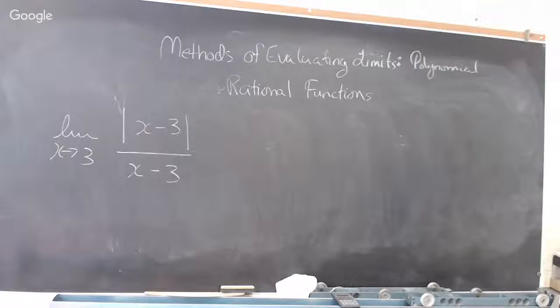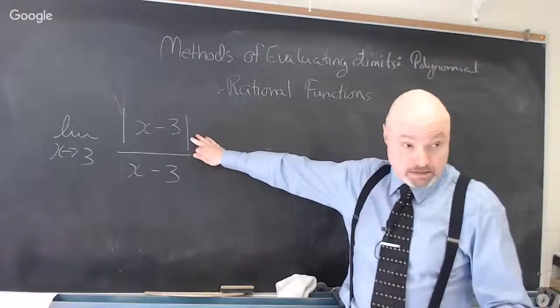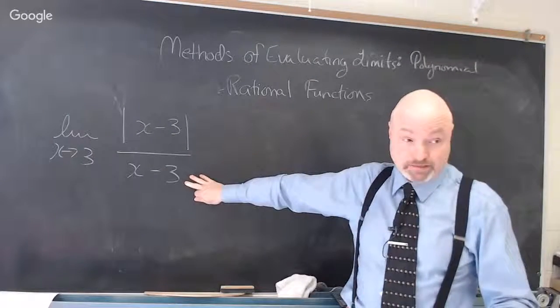Okay, so this is the absolute value of x minus 3 being divided by x minus 3.